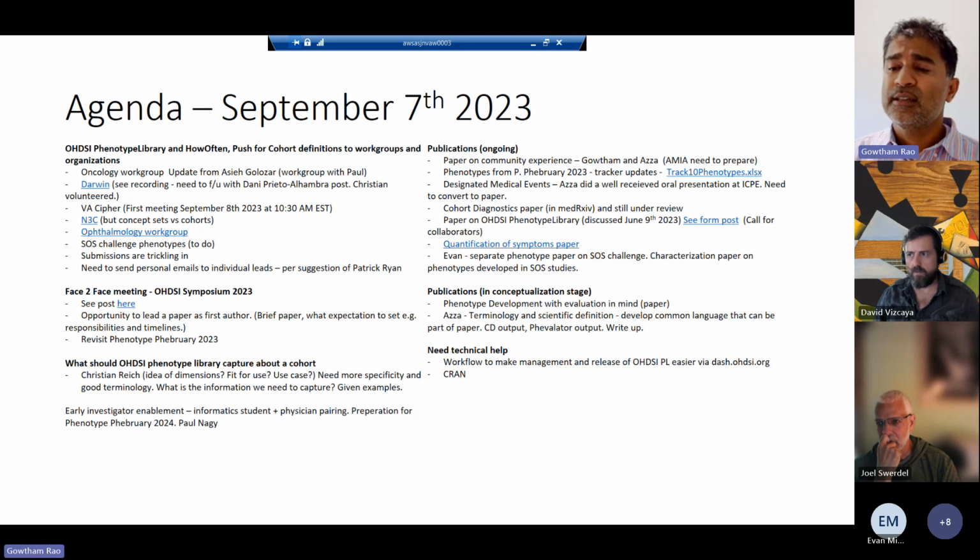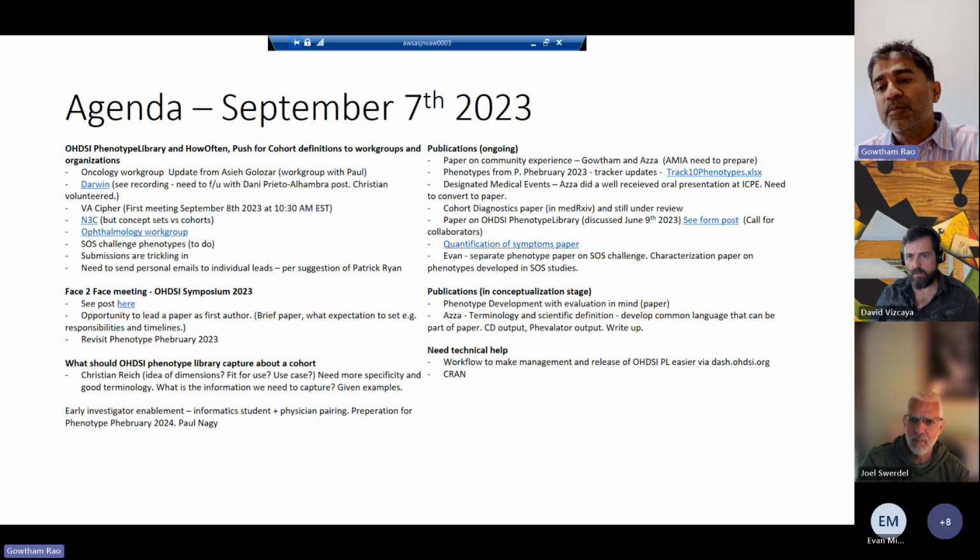It will use cohorts that are in the OHDSI Phenotype library as targets and outcomes. So it will answer questions of, among the persons with a certain target, that is a phenotype, what is the incidence of the outcome, which is another phenotype, during some time at risk window. It will compute that over a large set of T and O combinations and make that available publicly on the OHDSI podium. But the input for it is good quality cohort definitions.